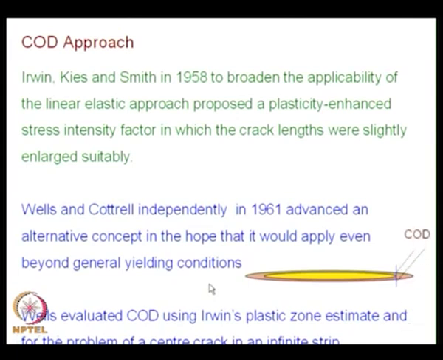So, people had coined new parameters, particularly from the point of view of taking the laboratory results useful for analyzing actual structural components.